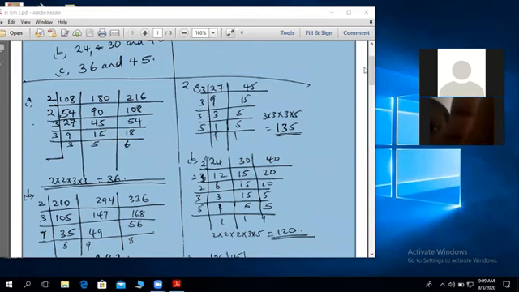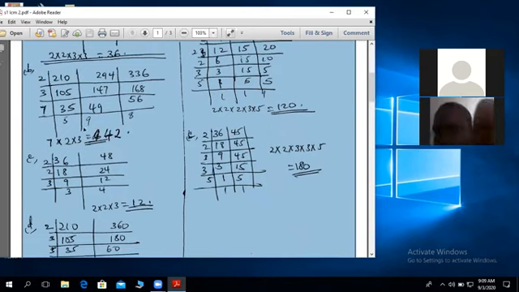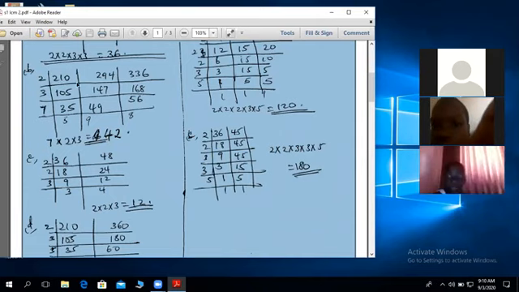Then this question also was failed by most of you. The answer is supposed to be 42. We are looking for the highest common factor, and we begin.